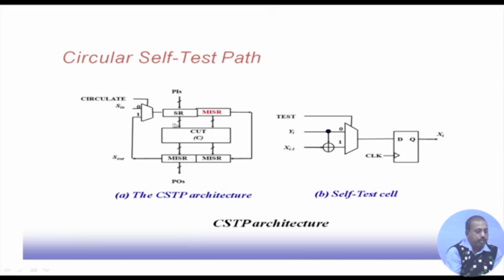So, the same test pattern, whatever response was generated, is again fed as test pattern for the shift register. If circulate is 0, a new pattern can be shifted in, and when this circulate bit is 1, the response that is generated by the circuit and MISR is fed as the pattern for the shift register. So, this way this self testing will work.